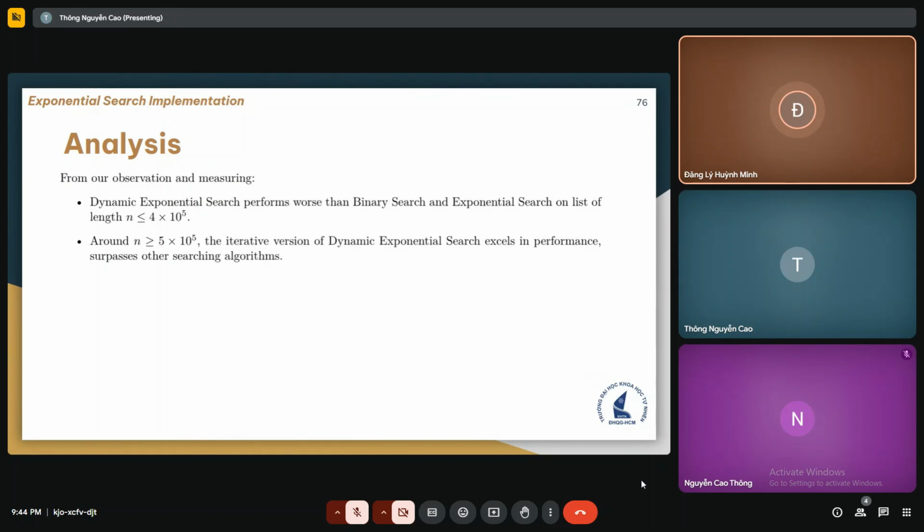From observation and measuring, the dynamic exponential search performs worse than binary search and exponential search on lists of length lower than or equal to 400,000. At around and over half a million, the iterative version of the algorithm excels in performance, surpassing other searching algorithms.